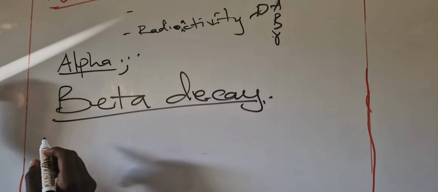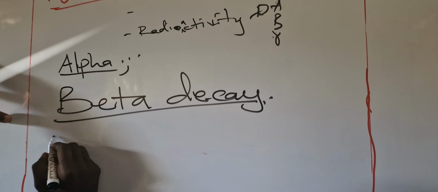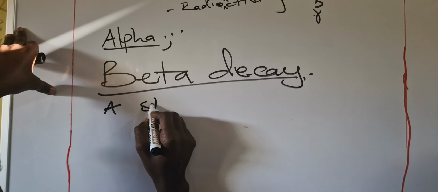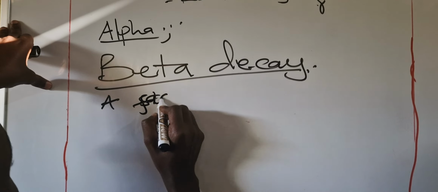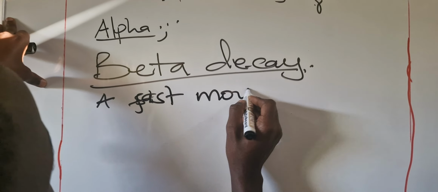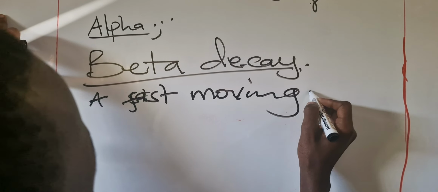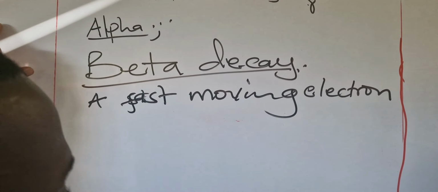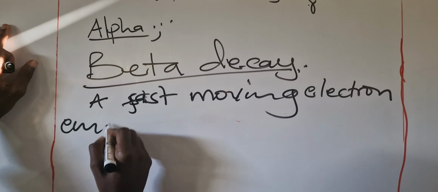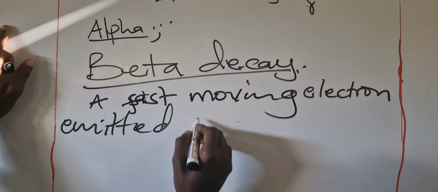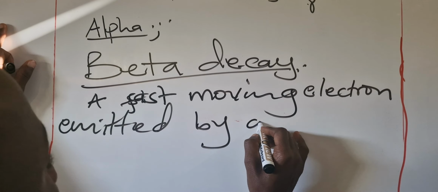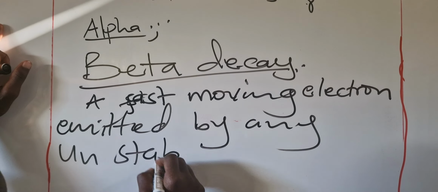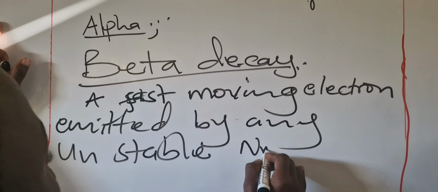So a beta radiation is simply a stream, actually a fast moving electron emitted by any unstable nuclei.